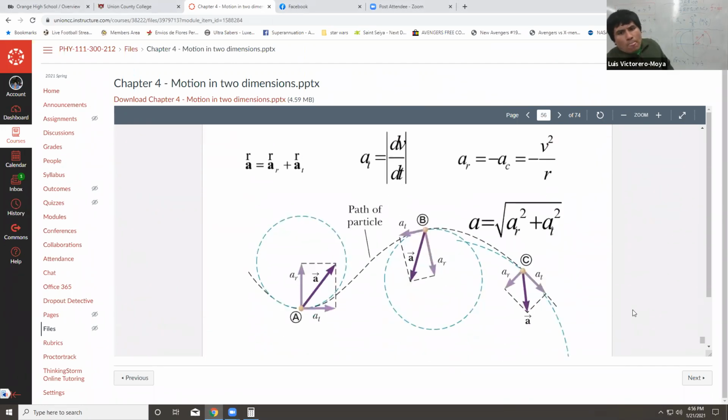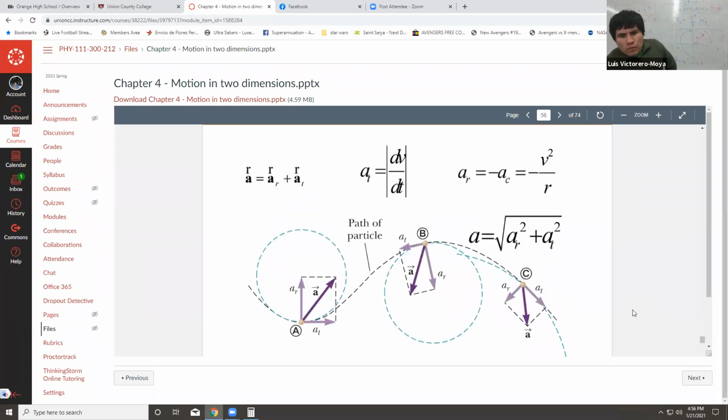Okay, so here, this is very interesting because on the last slide for circular motion, they do show you the tangential acceleration. The tangential acceleration is just the acceleration that is in the same direction as the velocity.